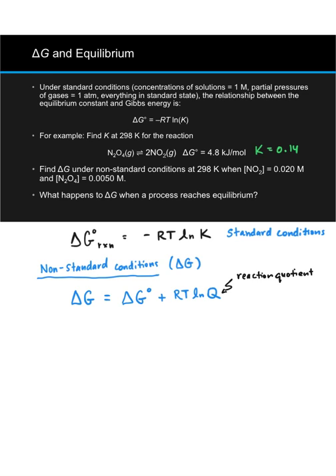So we can think about non-standard conditions for Gibbs energy as being analogous to a reaction that's not at equilibrium. In this example, we can calculate a reaction quotient Q by taking the concentration of our product, NO2, squaring it, dividing by the concentration of N2O4, our reactant.